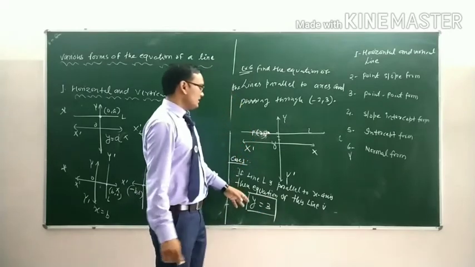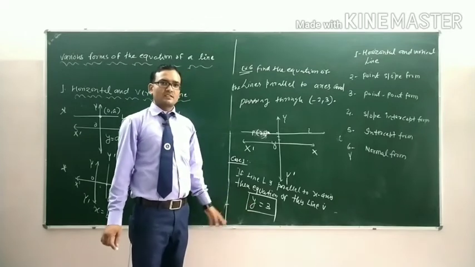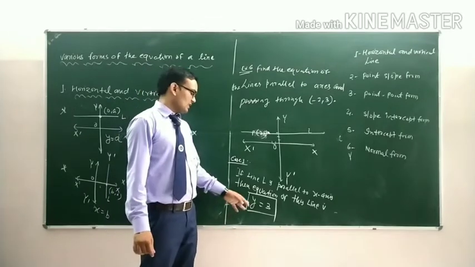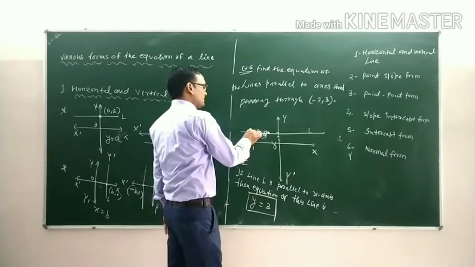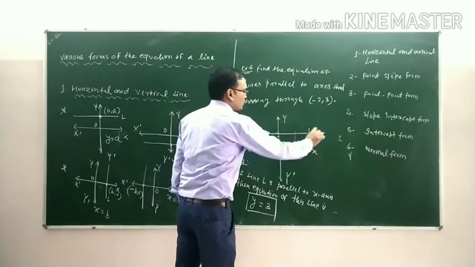If a line is parallel to the x axis, then the equation of the line is y equal to 3. Every point on this line satisfies y equal to 3.